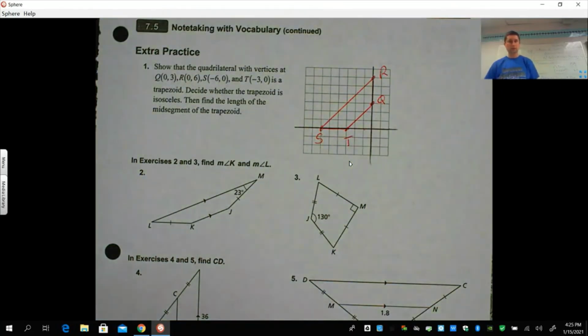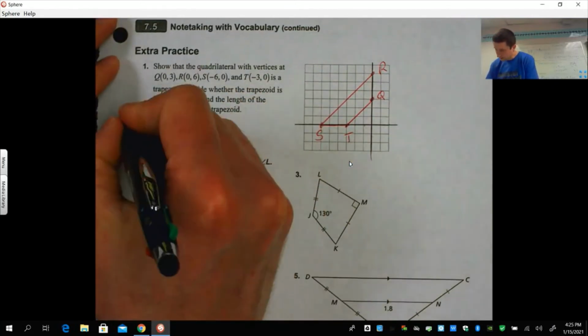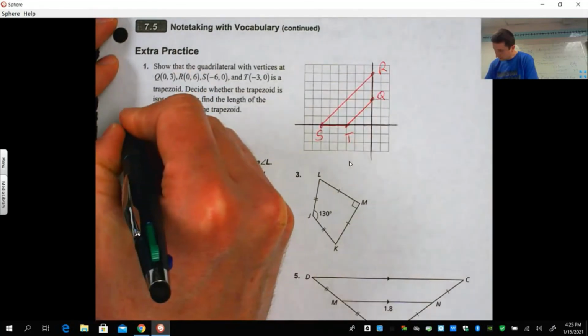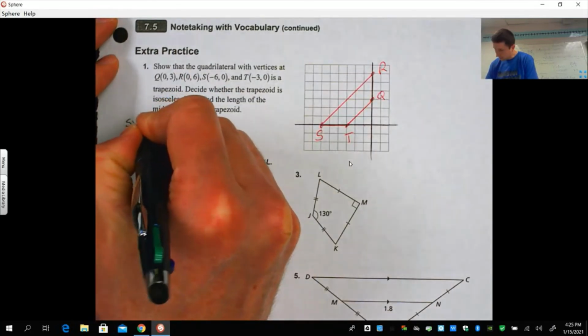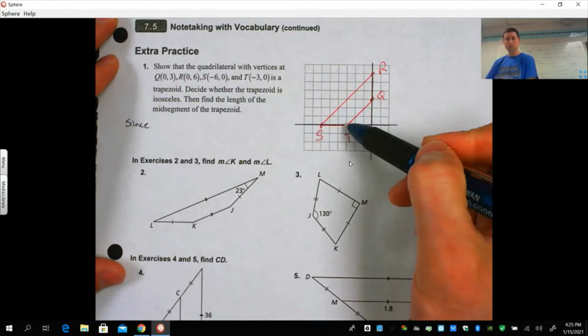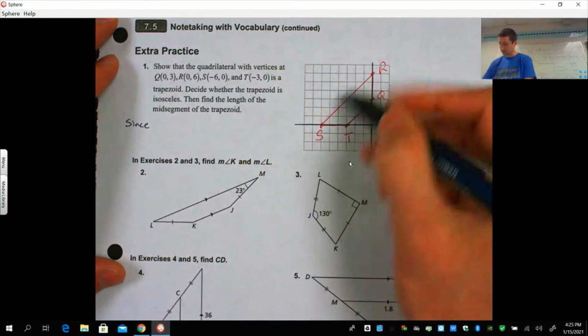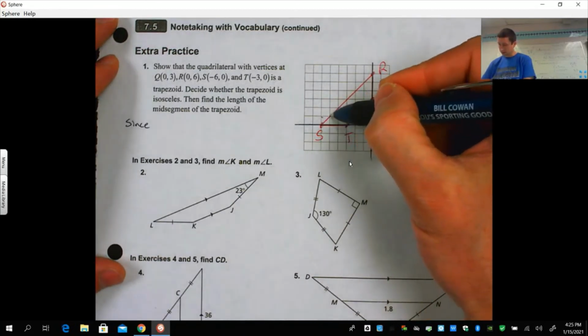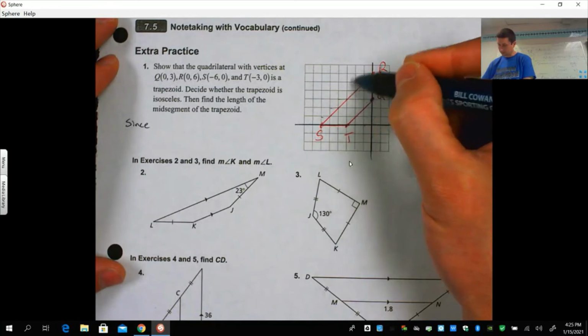Decide whether the trapezoid is isosceles, find the length of the midsegment of the trapezoid. So show that the quadrilateral with those vertices is a trapezoid. Okay? So since we have to show they're parallel, we show that the slopes are the same. So this is going up 1 over 1, up 1 over 1, up 1 over 1. And this is doing the same thing.